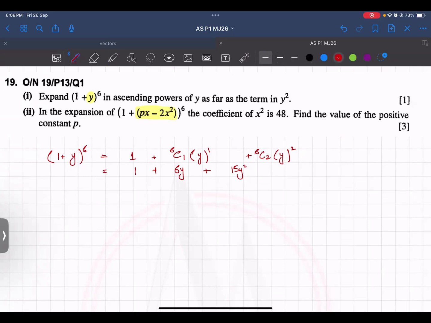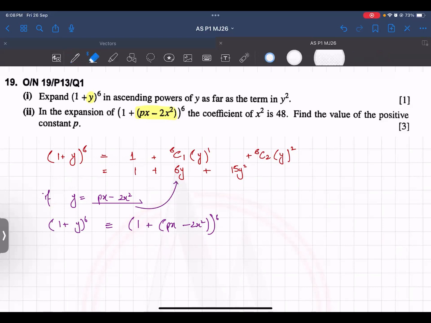So if y is equal to px minus 2x square, then 1 plus y power 6 becomes 1 plus px minus 2x square power 6, exactly the same as what they have given. So they have used this substitution, and you can substitute the same thing for all of the y's in the expansion as well to help you expand the second part.